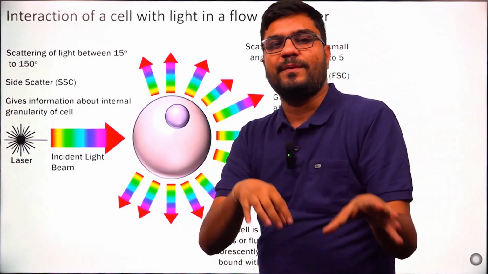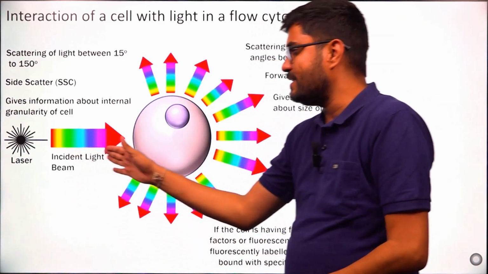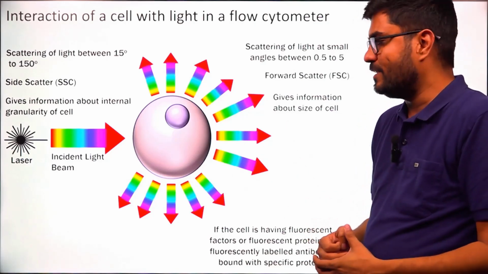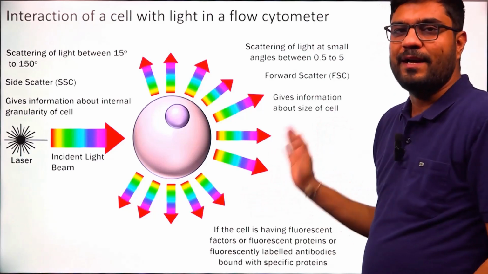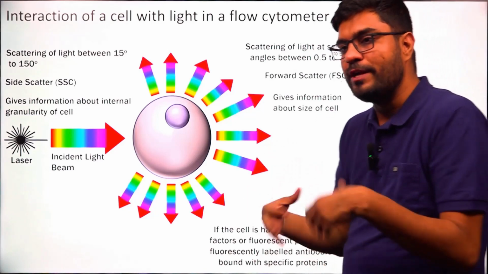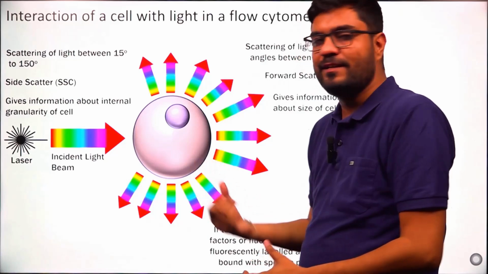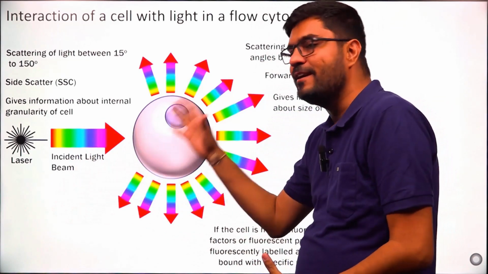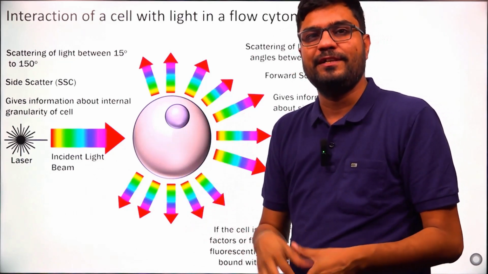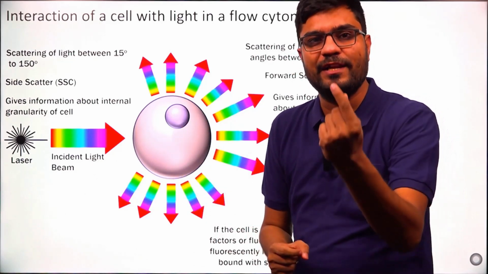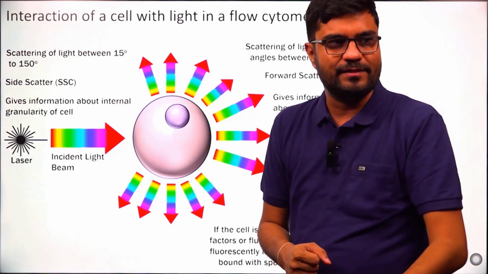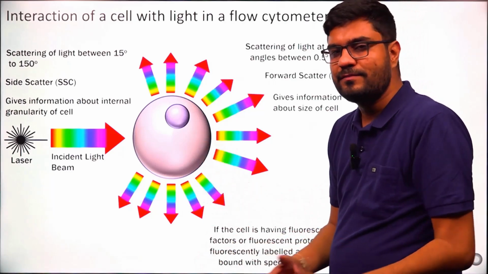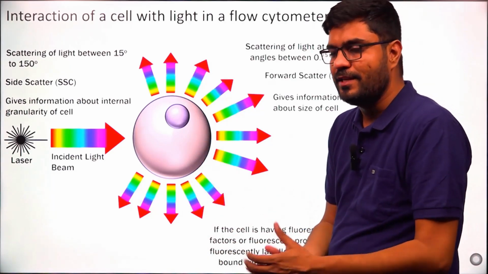If the cell is not coming, the laser easily passes through the liquid, because there will be only buffer, and the detector registers no event. If a cell is there, the cell will interact with light, the light will be scattered by this cell, and the machine counts it as one event. Second cell means second event, third cell means third event. Absence of cell, no events; presence of cell, there are events.